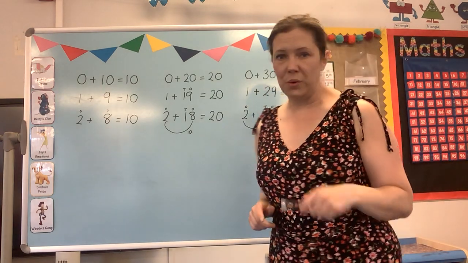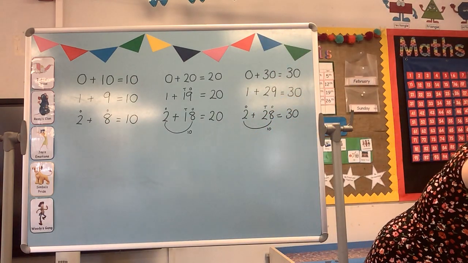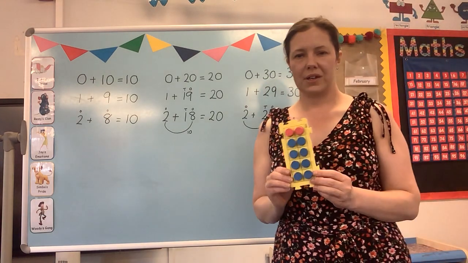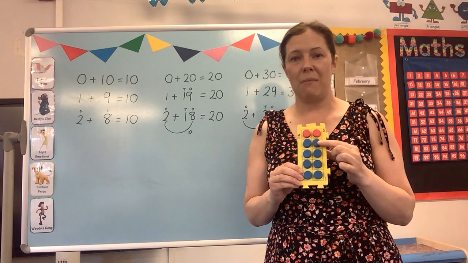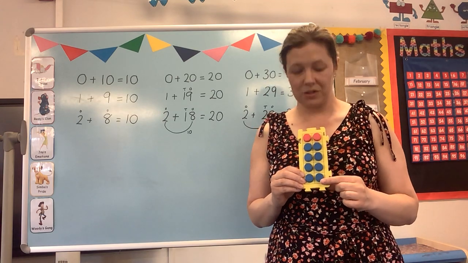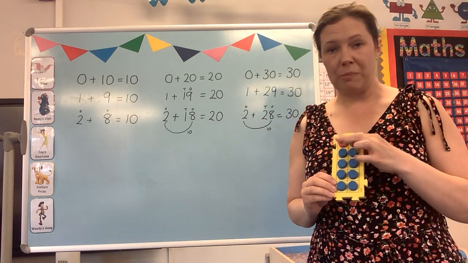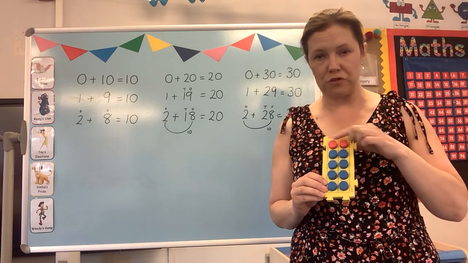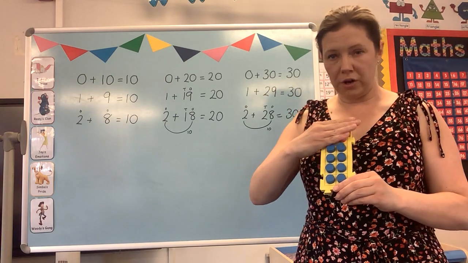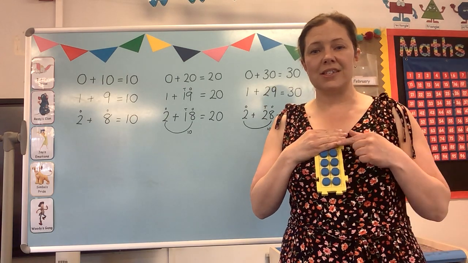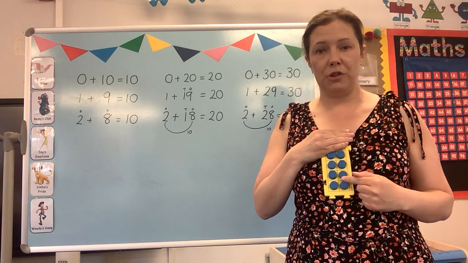So just to give you a reminder, if I've got here to 10, I've got my 2 ones, my 2 good apples, and my 8 bad apples. Okay, then we've got 2 parts, haven't we, that make that 10. We've got the 2 part and we've got the 8 part. So if I take one of those parts away, it's going to leave me with the other part.